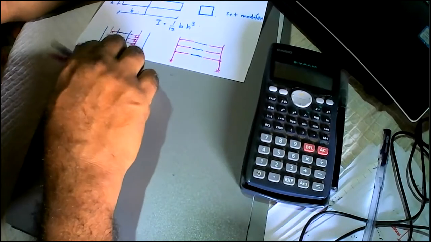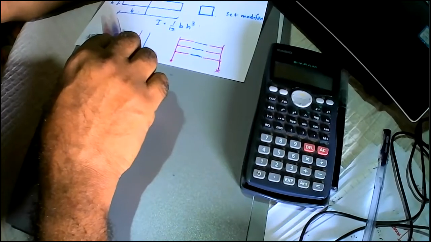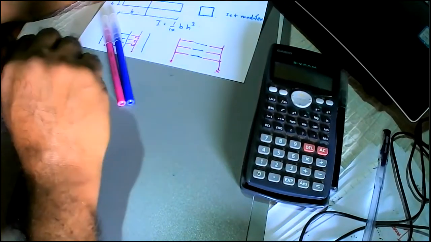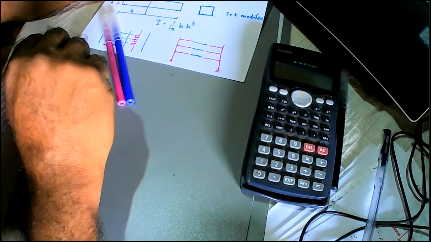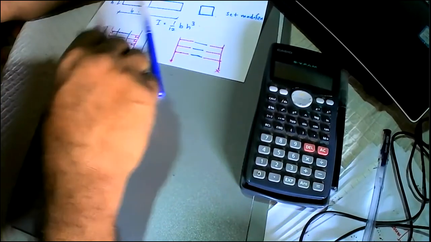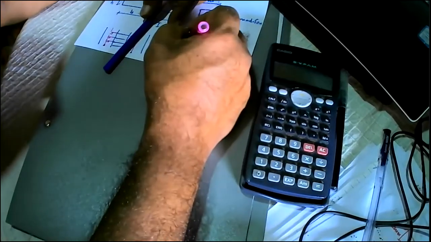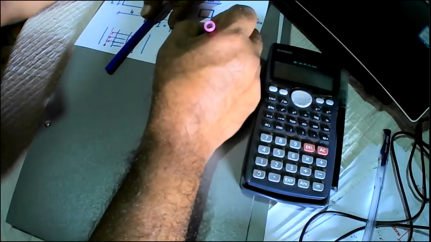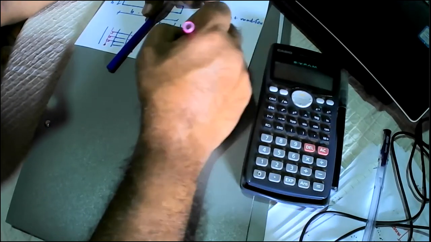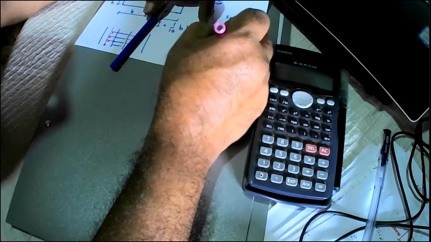Because when you define a wall as a column, we cannot represent the length of the wall. So if you want to represent the length of the wall, how we do that is by defining a rigid arm. The important property of a rigid arm is the I value of the rigid arm. We use a reasonable section and then we multiply it by 1000 times.